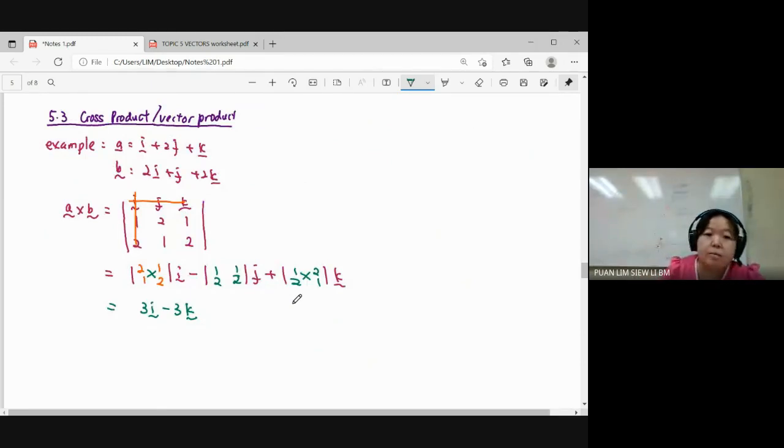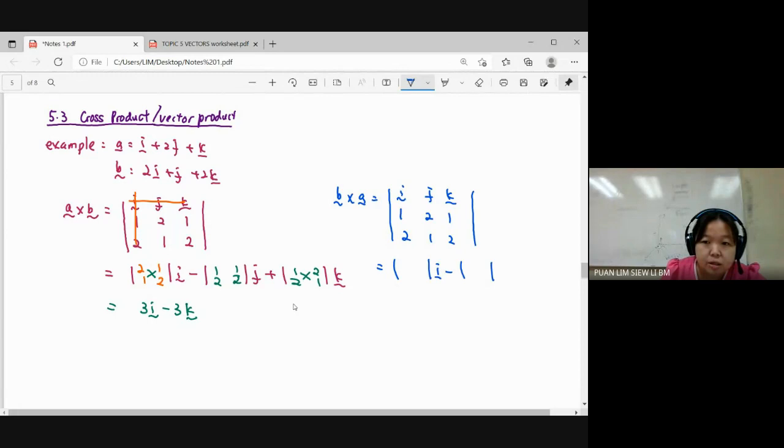So bila kita buat pendarapan dia secara terbalik, kita buat B cross A. So apa kata you cuba kira? Kalau B cross A macam mana? So prosedur masukkan IJK vektor, so masukkan nilai, and something I minus something J, something K. Find the minor 1 1, you get this.